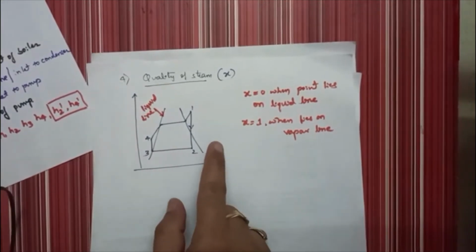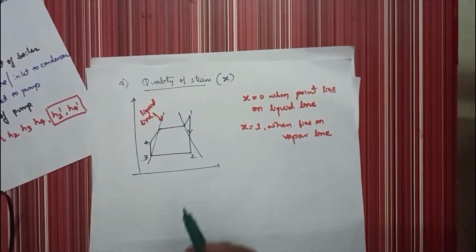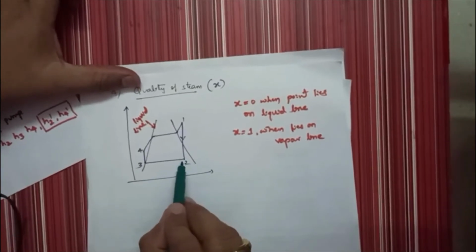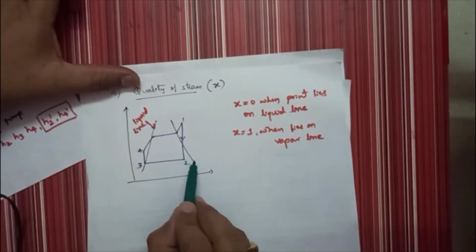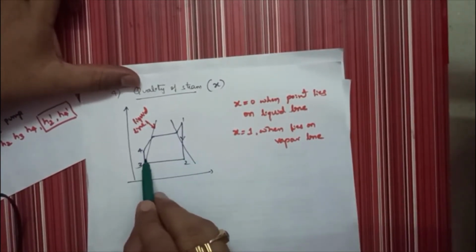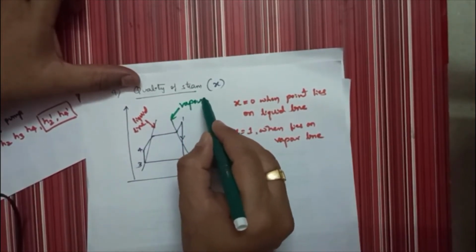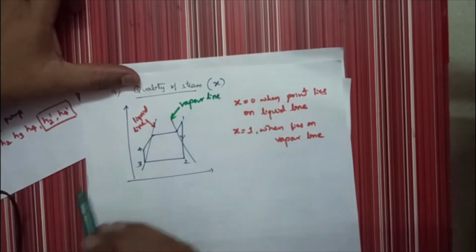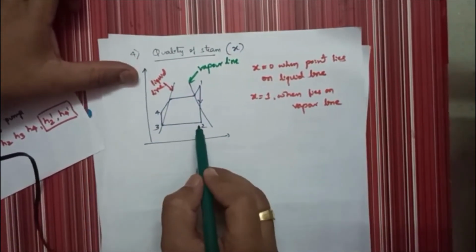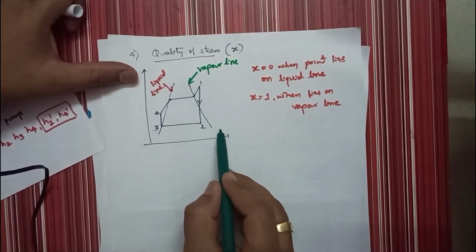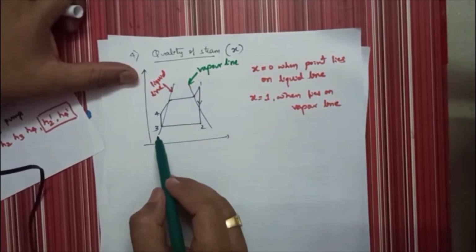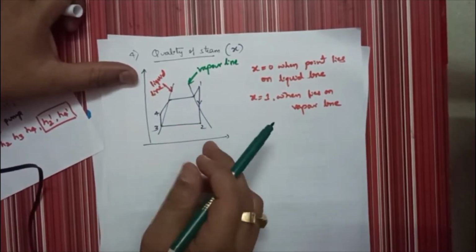Now coming back to this TS diagram, we will discuss now. Point number 2 is not on the vapor line as well as not on the liquid line. This is the vapor line. So point number 2 is not on the vapor line, not on the liquid line, but between these two.